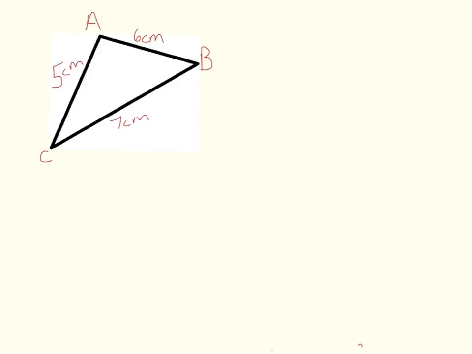Okay, in this example, let's imagine we were asked to calculate the size of this angle in here, angle A. So what we need to think about is what formula should we be using. We're asked to calculate an angle, so we've essentially either got the sine rule or the cosine rule, which you've just seen there. In this triangle we've got all three sides.